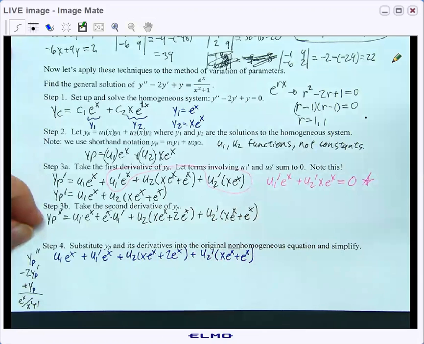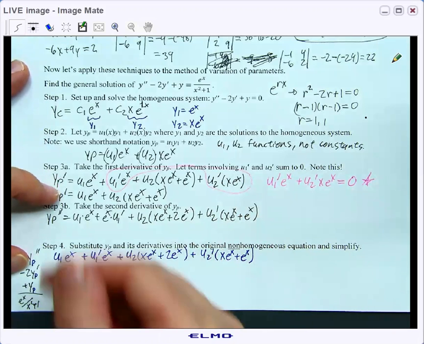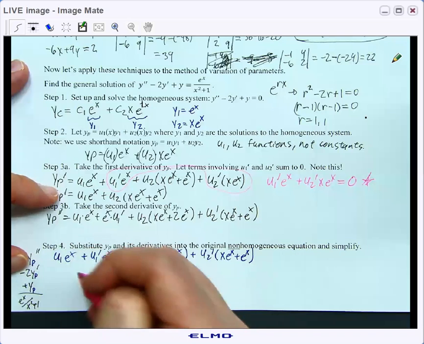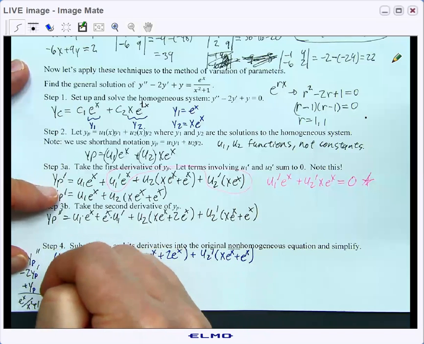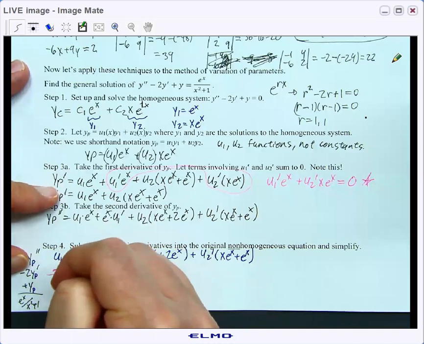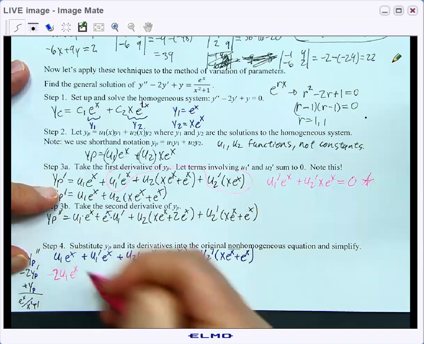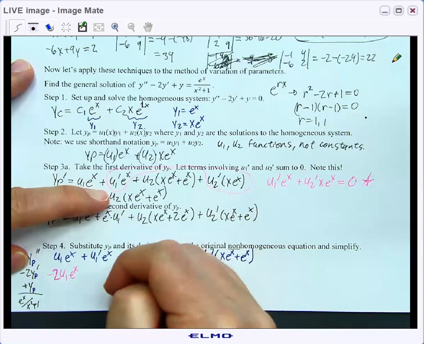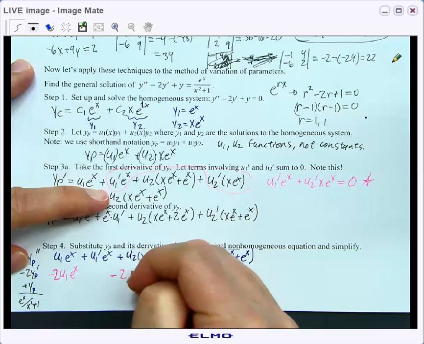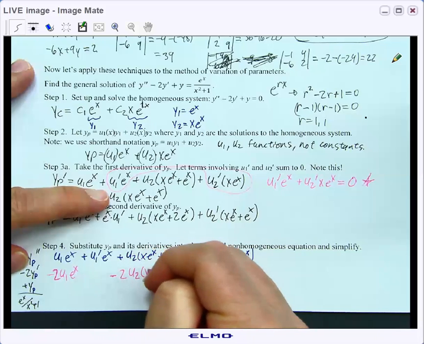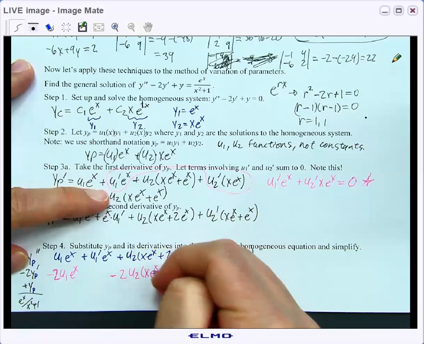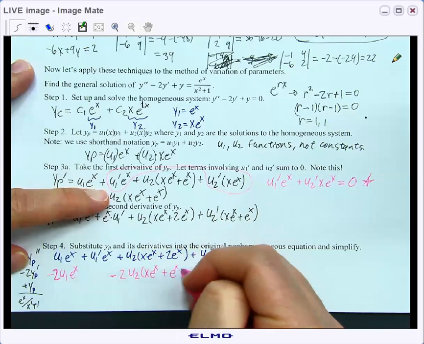So that was y sub p double prime. Let's go ahead and do minus 2y sub p prime, which would be this. So minus 2 u sub 1 e to the x minus 2 u sub 2 times x e to the x plus e to the x.